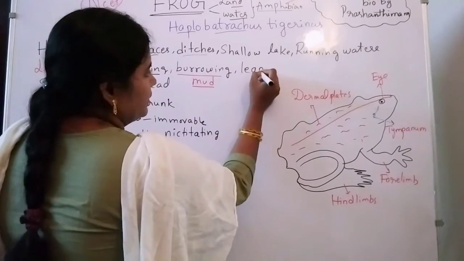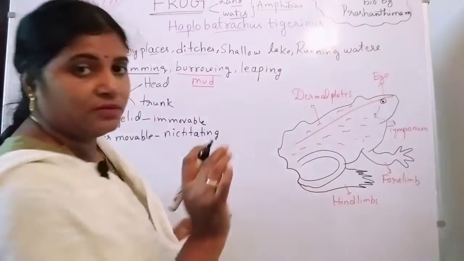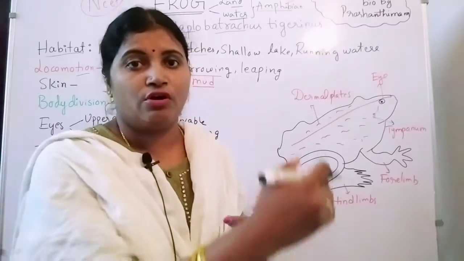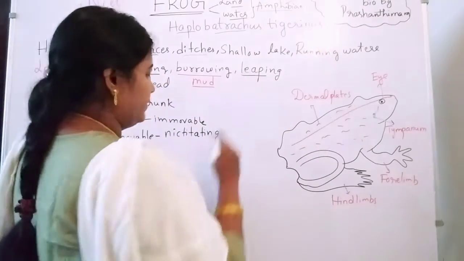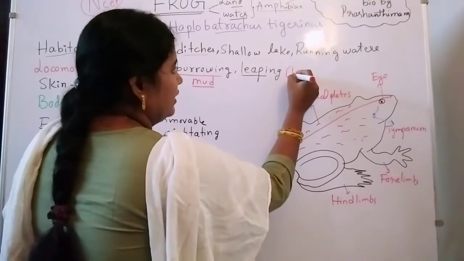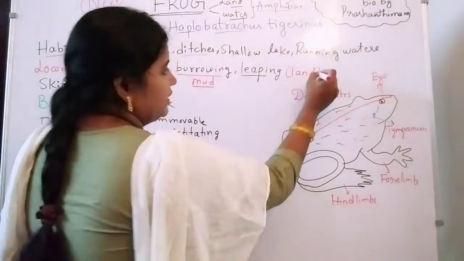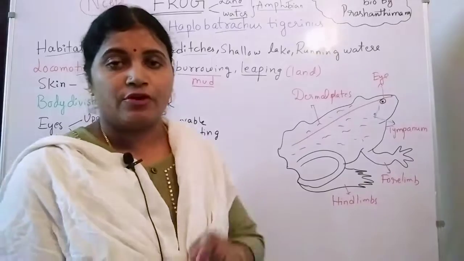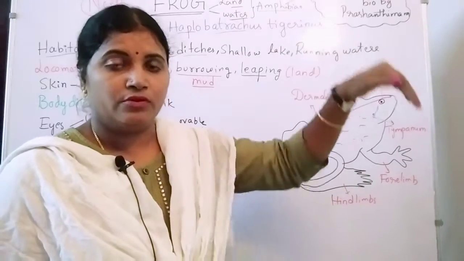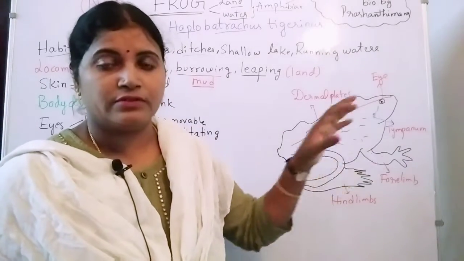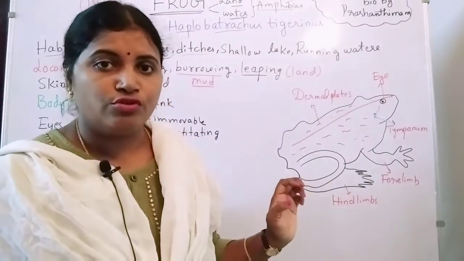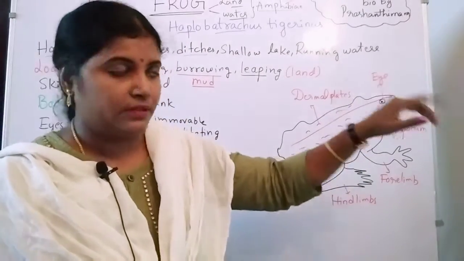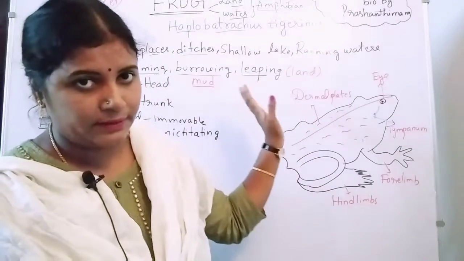Leaping means jumping long distances, and that process is known as leaping. When it is on land, the frog jumps from one place to another with the help of forelimbs and hind limbs. That jumping process is known as leaping.